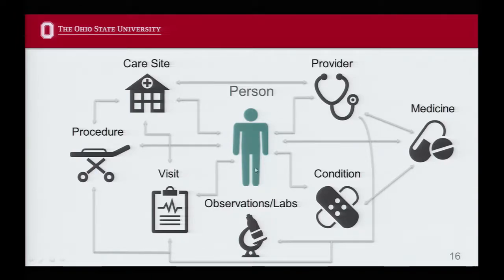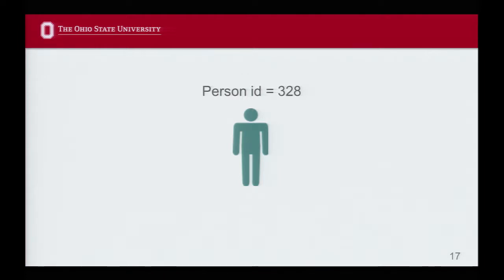It's connected to the provider, the condition, the medicine, a procedure, a care site, and a visit. And obviously from this, you can see that this database is a person-centric database. And that's your patient, right? So that makes sense. And you can see that a provider has fewer connections. It's connected to medicine, labs, a person, and a care site. So now you can see how things are all related, and that's what we wanted to show in our database.